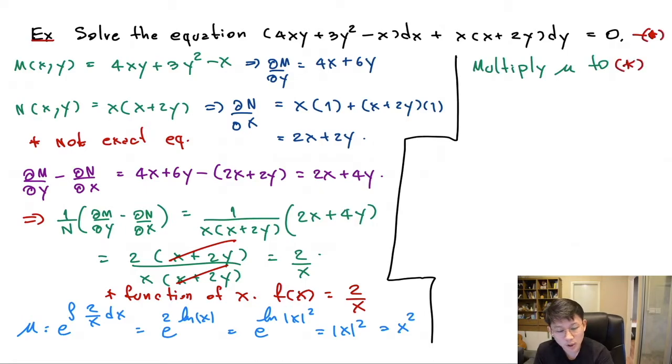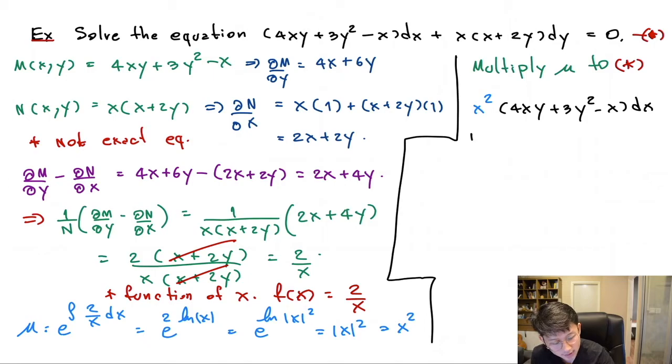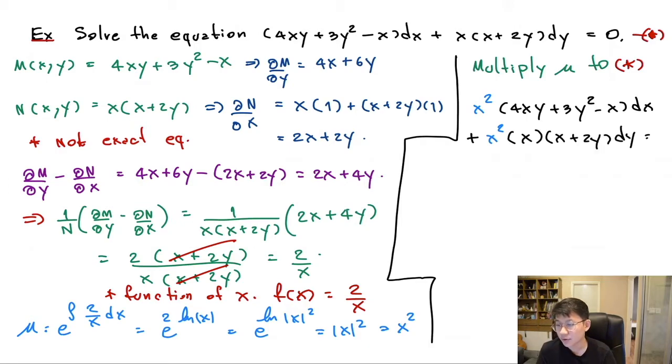So what I have is x squared times (4xy plus 3y squared minus x) dx plus x squared times (x plus 2y) dy equals 0. I call this equation double star.